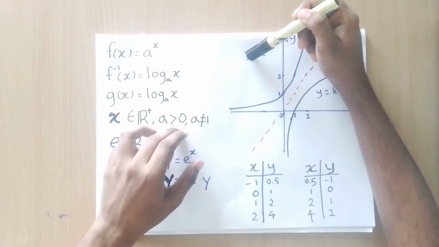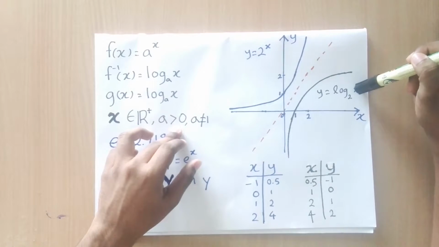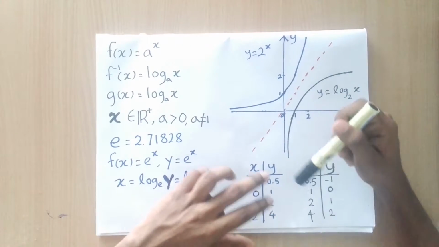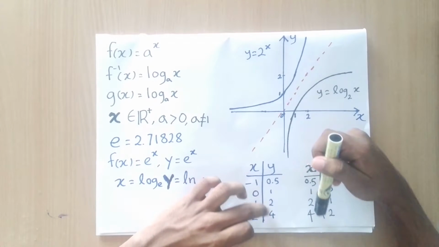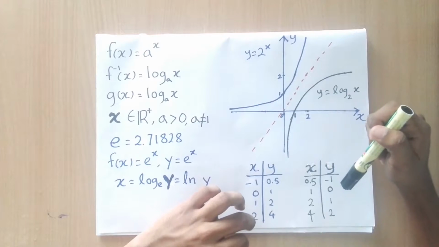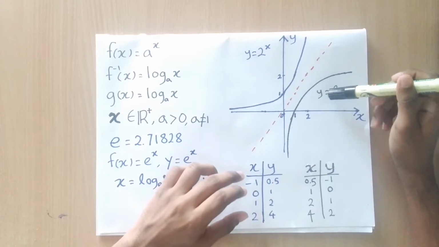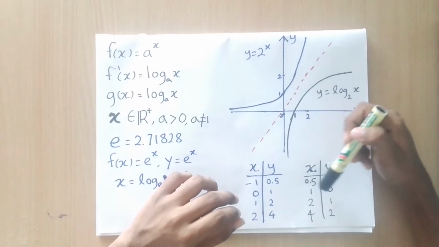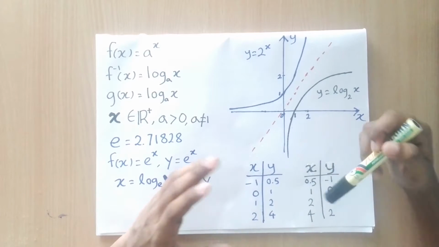The logarithmic function is y equals log of x to the base 2. So now that we have the x values from the previous table, 0.5, 1, 2 and 4, we have to find the y values. When we substitute the x values into this equation, we get minus 1, 0, 1 and 2.